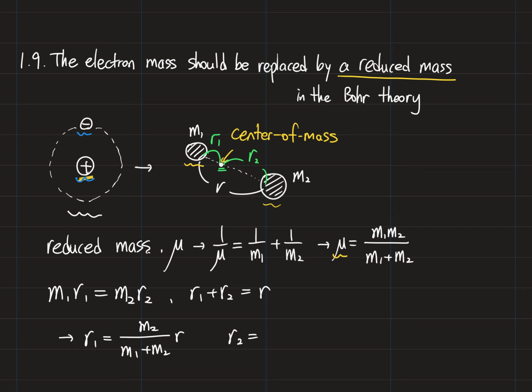Similarly, r2 is m1 multiplied by r divided by the total mass of the system, which is m1 plus m2.